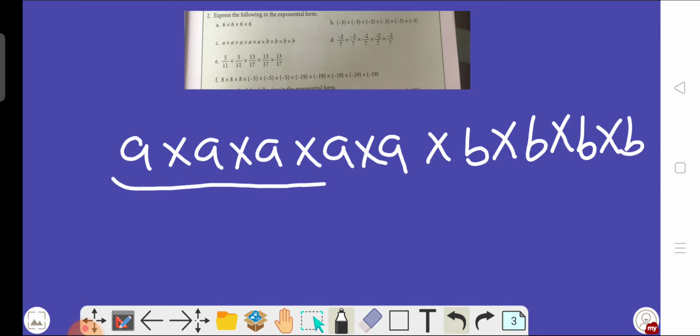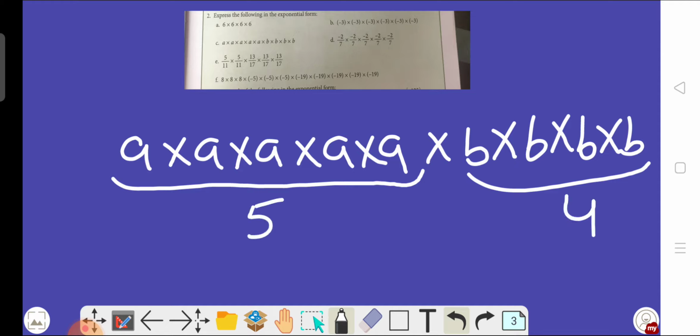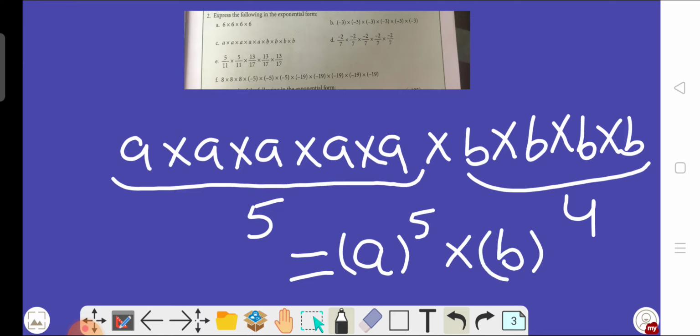Firstly, we count the same kind of number. a is repeated 5 times, b is repeated 4 times. So the exponential form is a raised to the power 5 multiplied by b raised to the power 4. This is the required exponential form of the given expression.